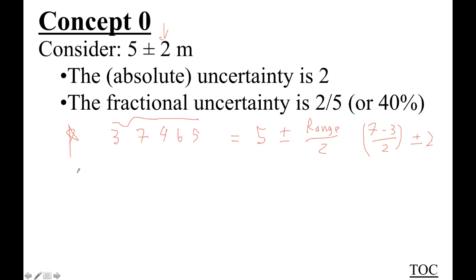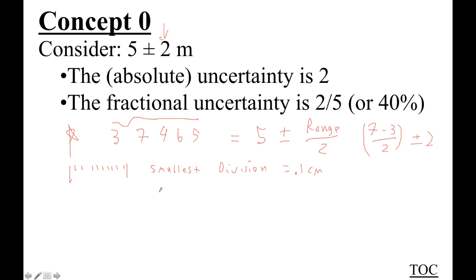It could be if you've got, let's say, a meter stick. Let's suppose you've got a meter stick and it's divided into 10 equal parts, right? If this is a centimeter, then the smallest division is 1 millimeter, which is 0.1 centimeters.